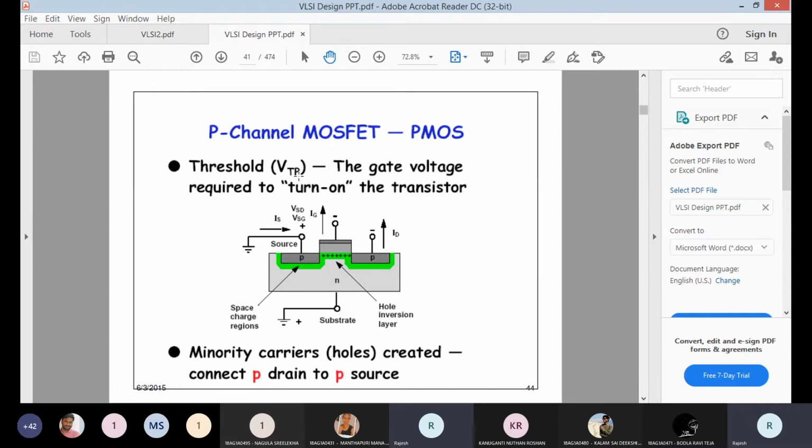Current carriers are holes here. So the basic operation of N-channel and P-channel is reverse. Voltages, carriers, everything will vary. It is complementary to NMOS. But still PMOS devices are not preferred because the mobility of electrons is 2.5 times more compared to holes.